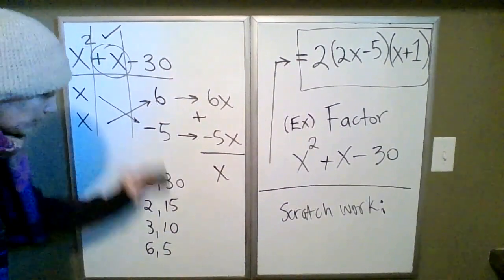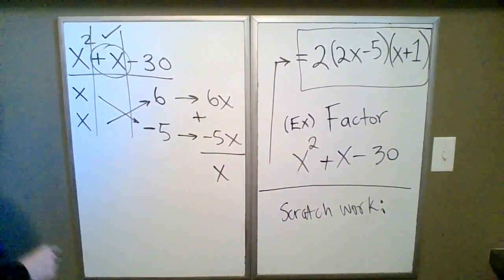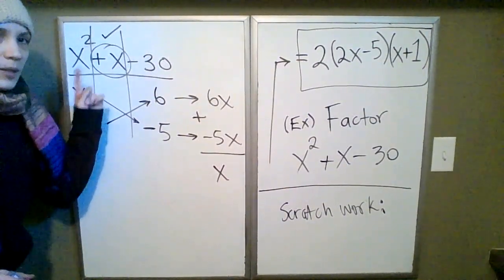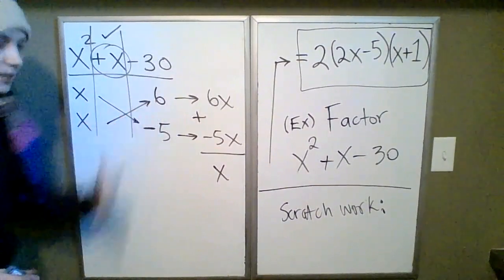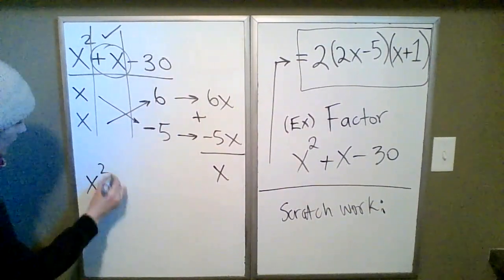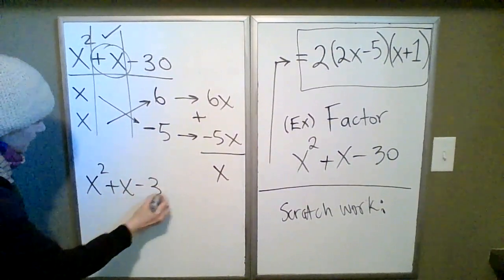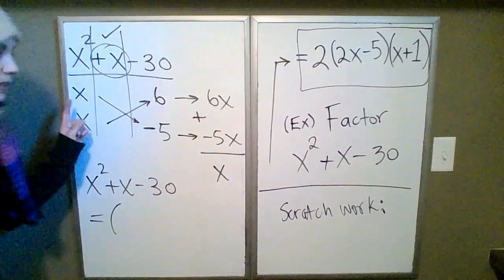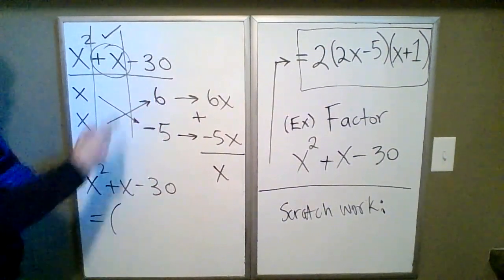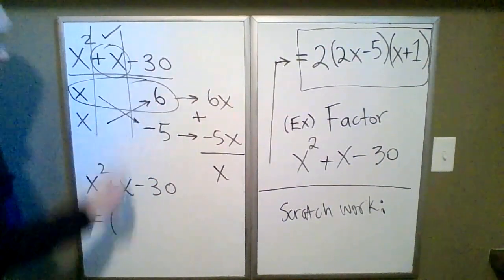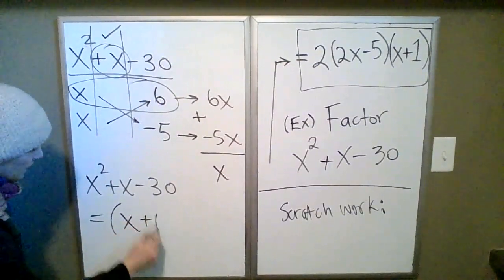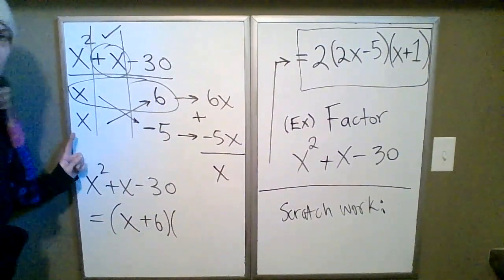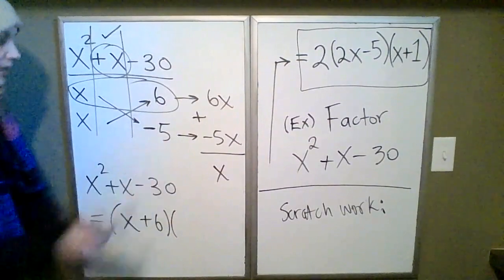Okay, so what we did was took x squared plus x minus 30 and factored it into x plus 6, multiplied with the next row, x minus 5.